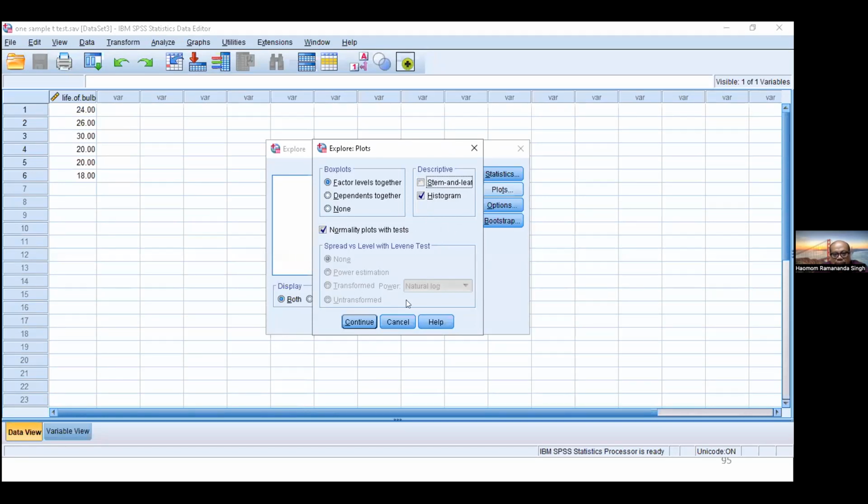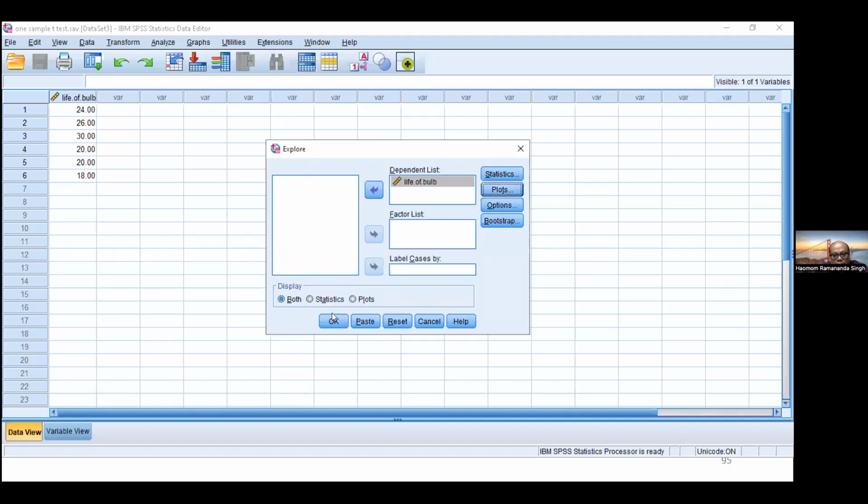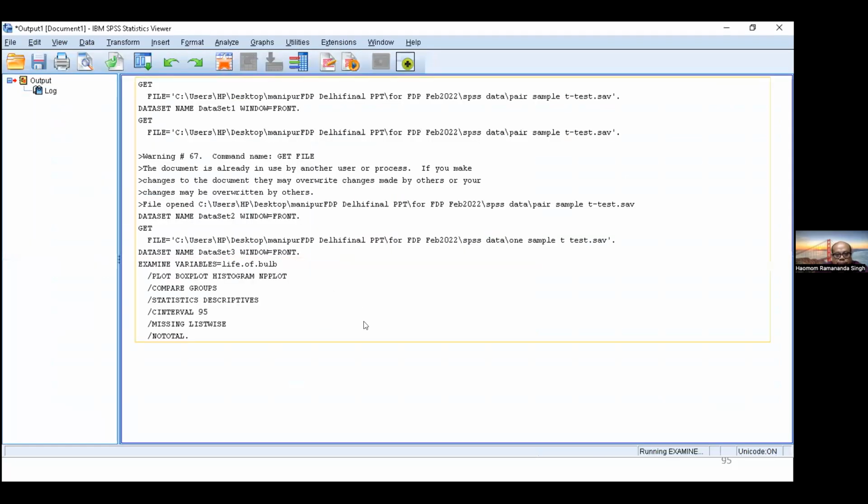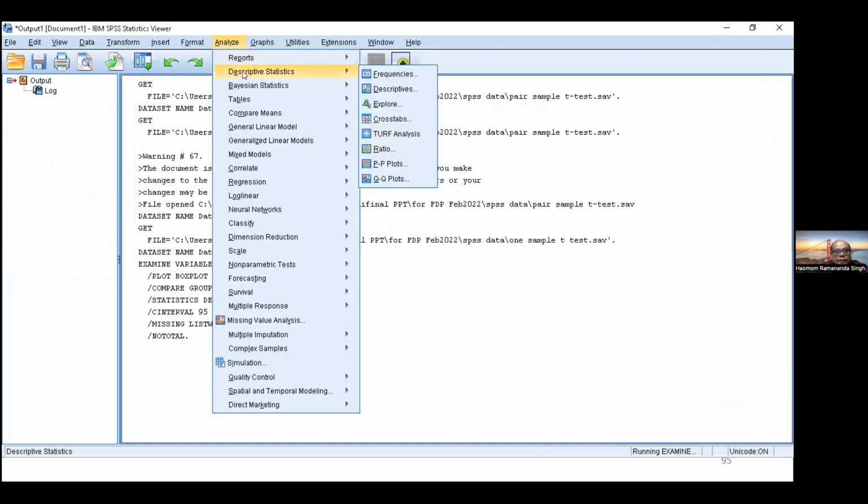Let me go once again. Descriptive statistics.